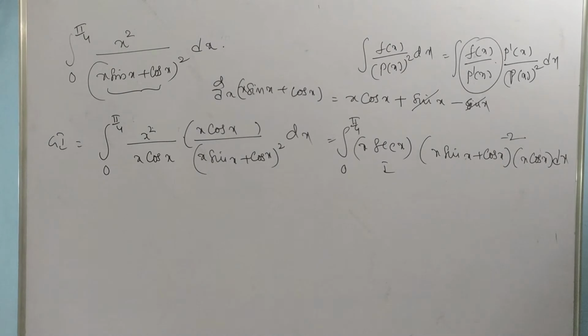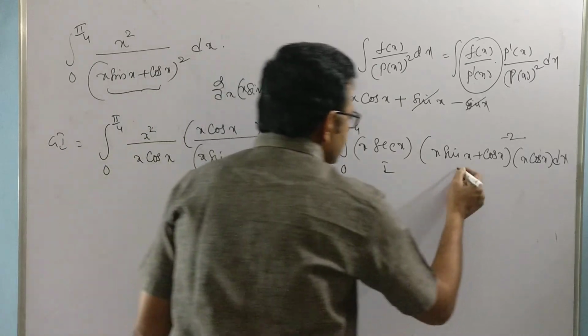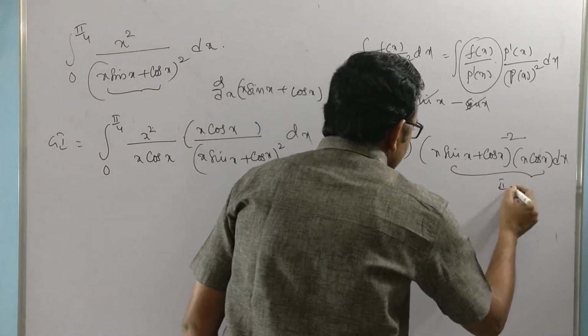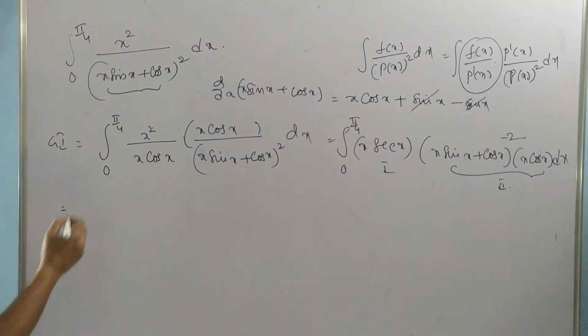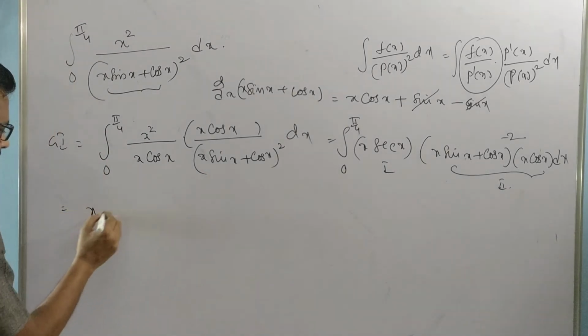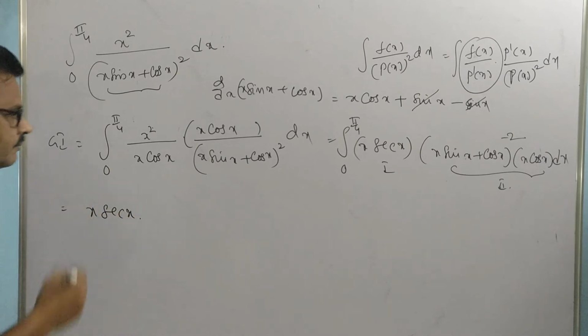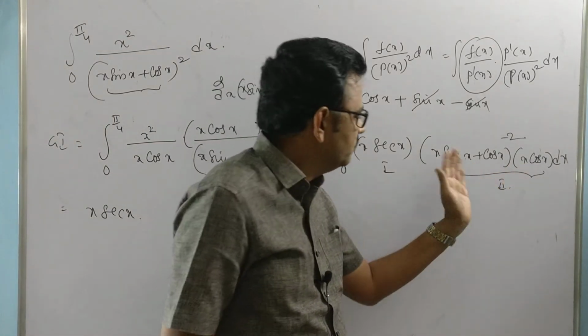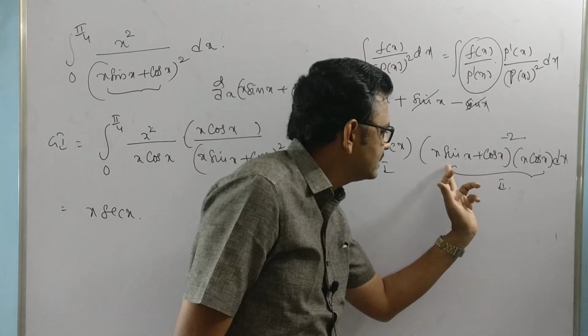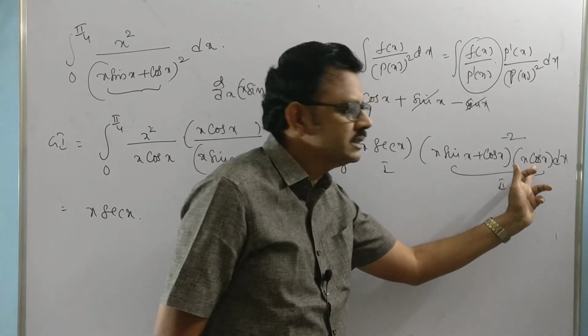Okay, now using integration by parts, taking this as the first function and this as the second function, that is equal to x secant x into the integral of the second function. Now the derivative of x sin x plus cos x is x cos x.